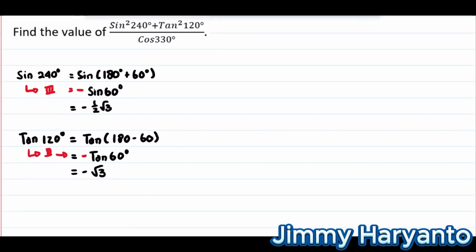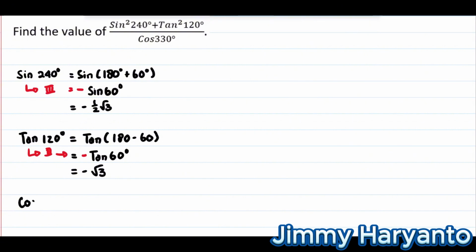How about cos 330? I will be quick for this one. It will be positive because it's in the fourth quadrant, and then we use 360 as the benchmark. That means it will be cos 30. Cos 30 equals half square root of 3.